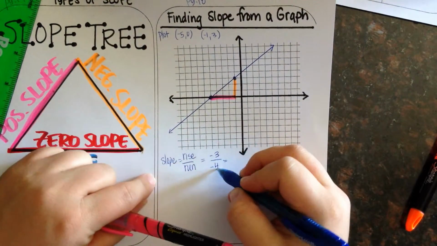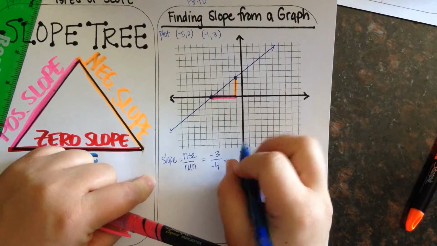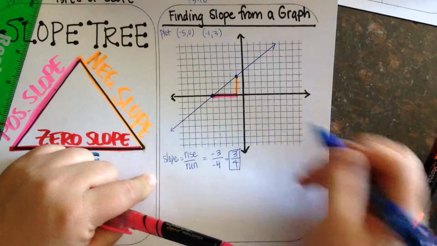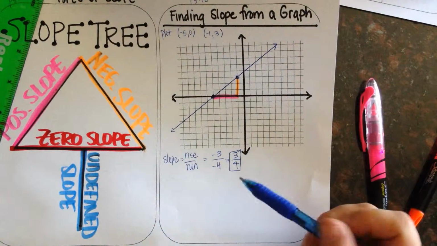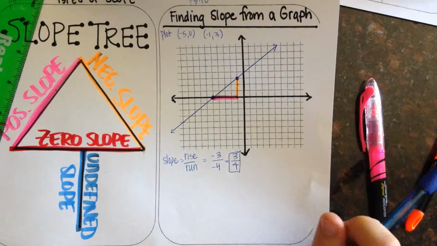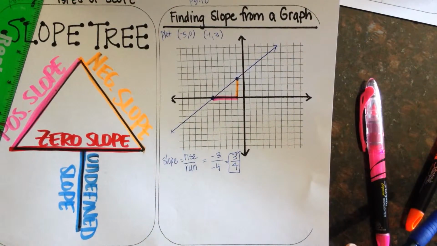Now -3 divided by -4, negative divided by negative is a positive. My slope is a +3 over 4. Now I want to make sure that if this value is positive, the slope of my graph is also positive, and in this case it is.